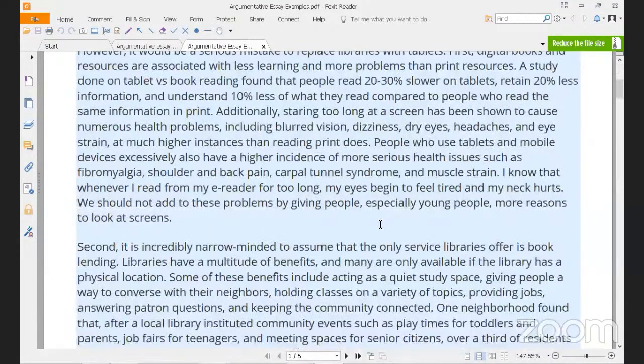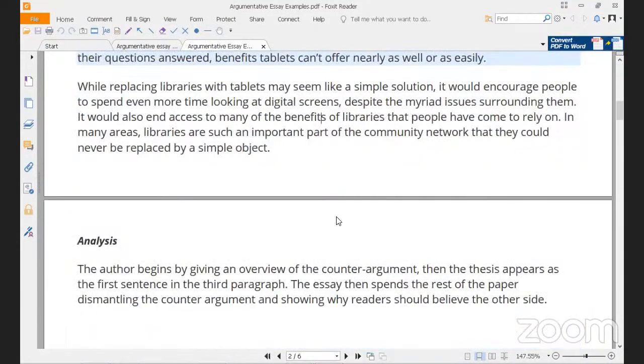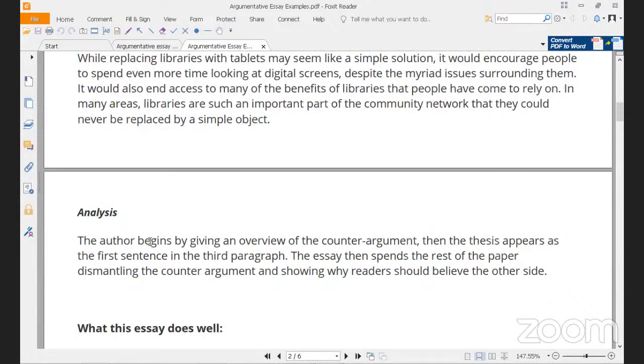So let's go and do some analysis, guys. The author begins by giving an overview of the counter argument. So what's the counter argument? First it's telling us about one direction, that e-reading perhaps is a good option. And then we go back that maybe not. Maybe let's stick to regular books and libraries.